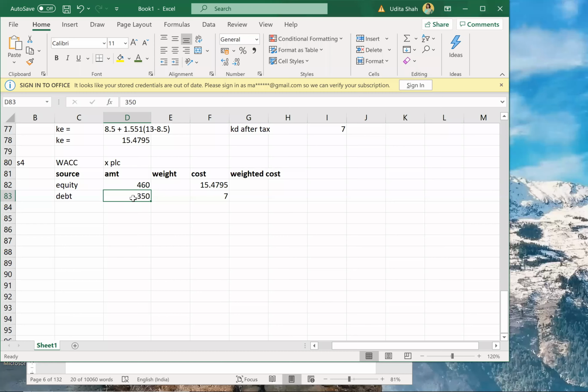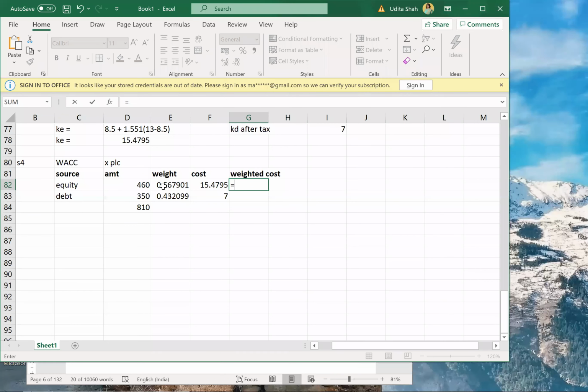So this debt, I have taken the entire debt. This I have taken the entire debt that was given in the problem. Okay. So this will be what? Total will be 460 plus 350. And weight will be what? Weight will be 460 divided by 810. 350 divided by 810.